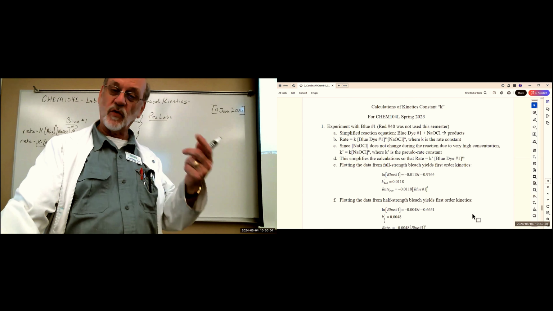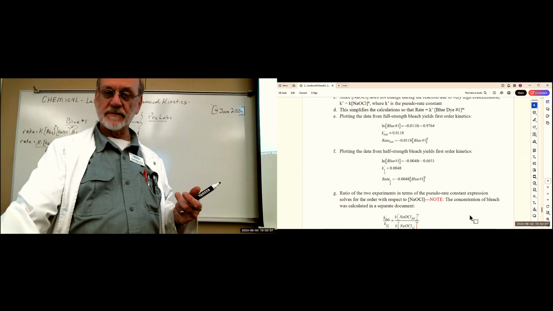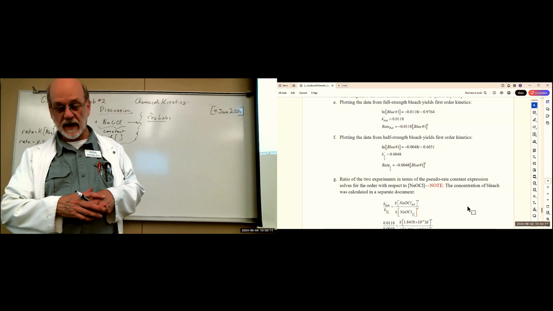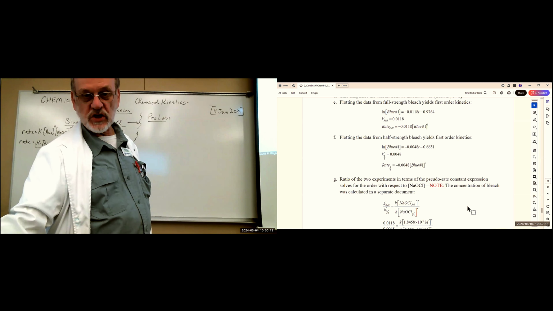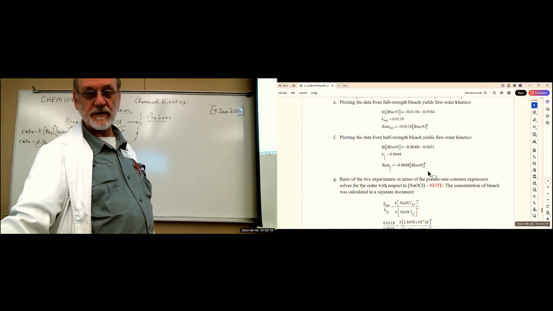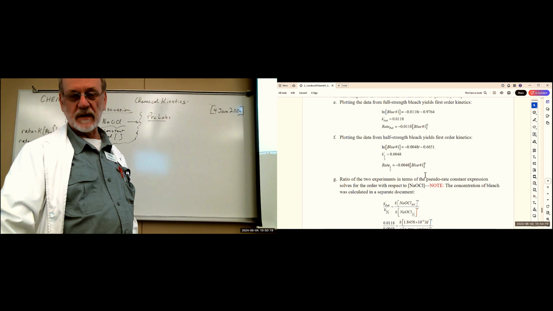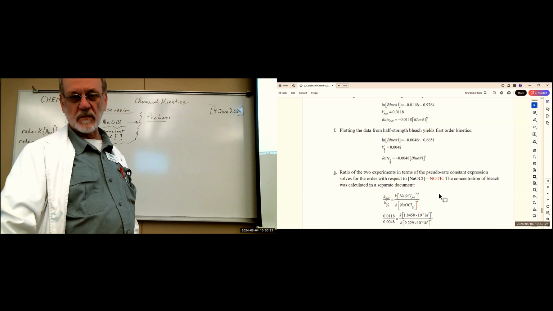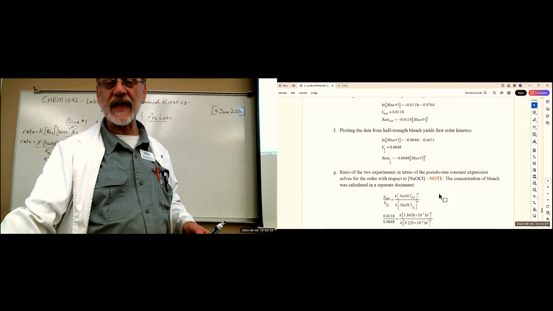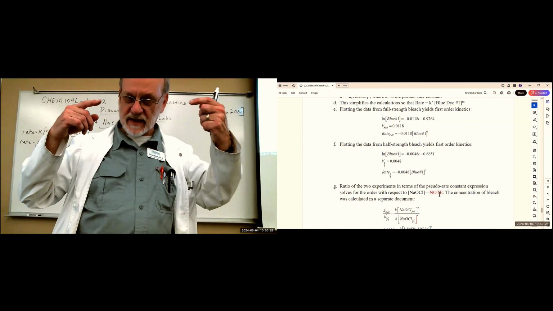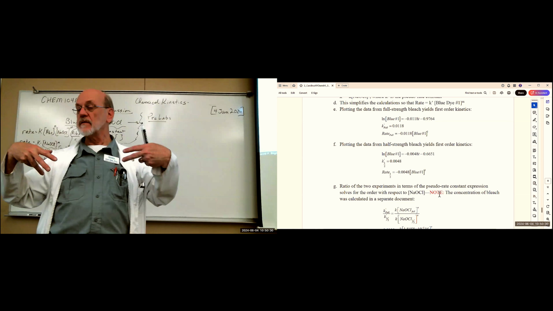Now we need to find out the order for the bleach. And that's where we ratio, right? We found out the first order. So we know that the K prime value is extracted from the plot.